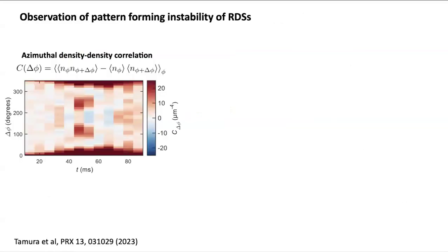So if we keep track of the density perturbation around the soliton while it shrinks, and measure the simultaneous density correlations, the correlation of the perturbations as time goes by, you can see that at some point it has two very strong peaks separated by around a 100-degree angle.